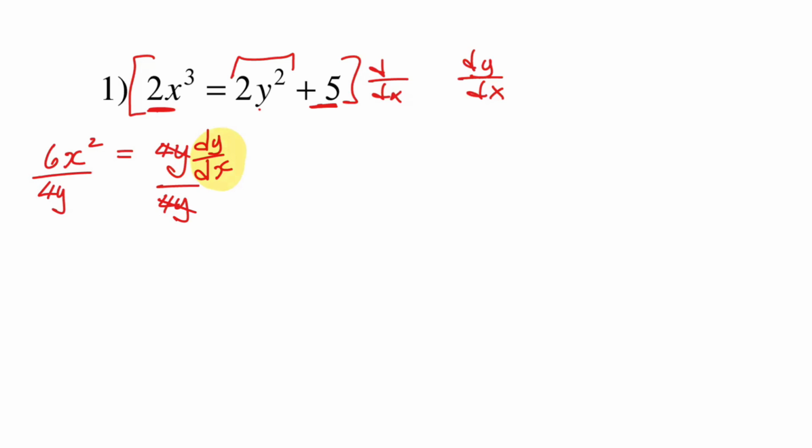Also, we notice that we could reduce this, because if we divide the 6 and the 4 by 2, we're going to have a 3 over 2 there. So finally, we could say that dy/dx is equal to 3x squared over 2y. There we go. So that's our first example right there.